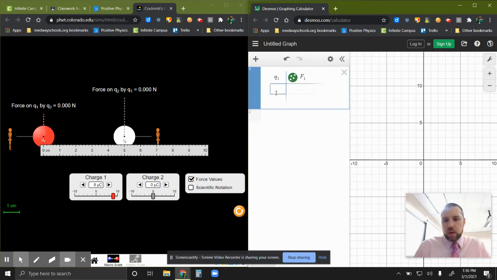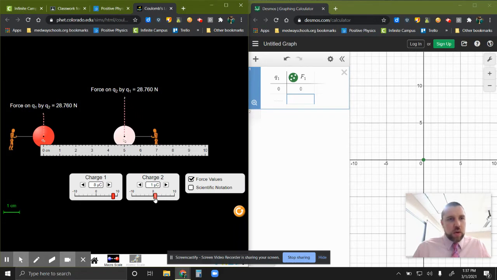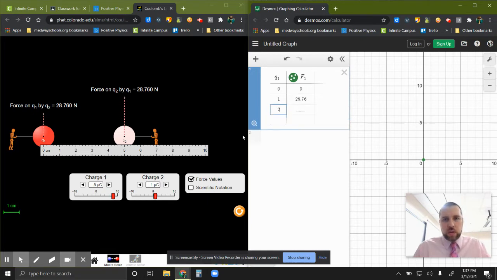Okay, so at 0 charge, we have 0 force. Not very exciting. And if we put this up to 1 microcoulomb, we get 28.76 newtons of force. 2 microcoulombs, and we get 57.52 newtons of force.